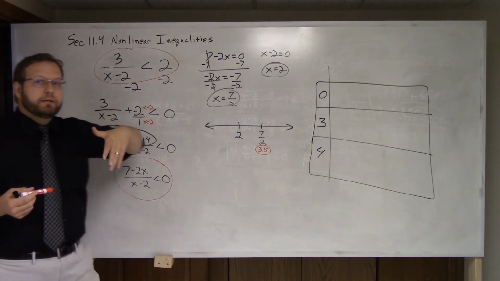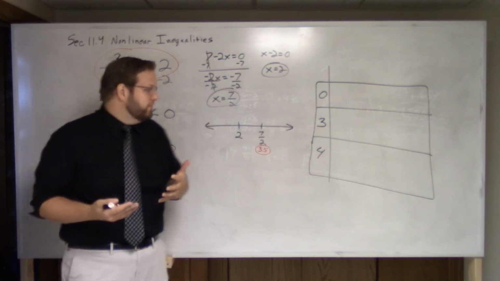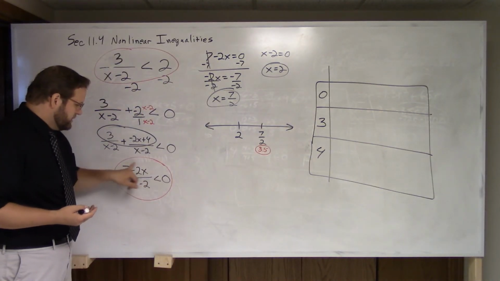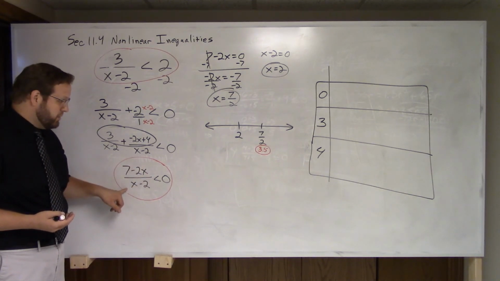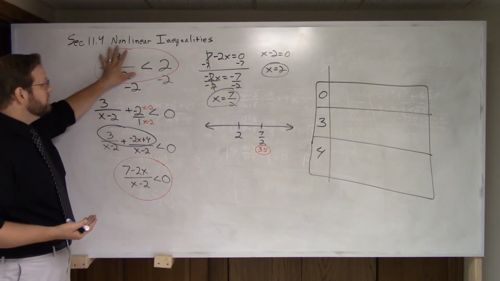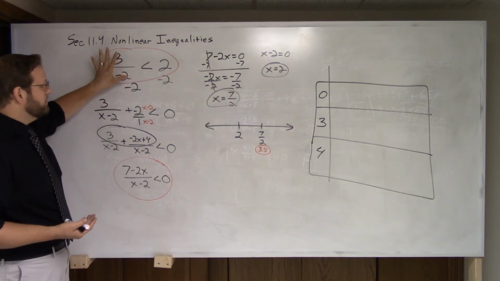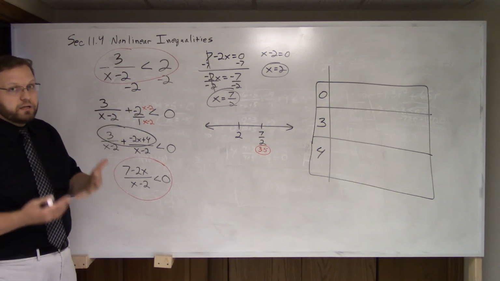So not only do we have to worry about the sign, but we also have to worry about the value of the number itself. If we go here, yes, there's a little bit more calculation, but all we really care about is the sign, because we want to know when that is negative. Okay, so doing it here is probably a little less work, but just be aware that you got to be careful with the comparison. Okay, really look at the numbers.